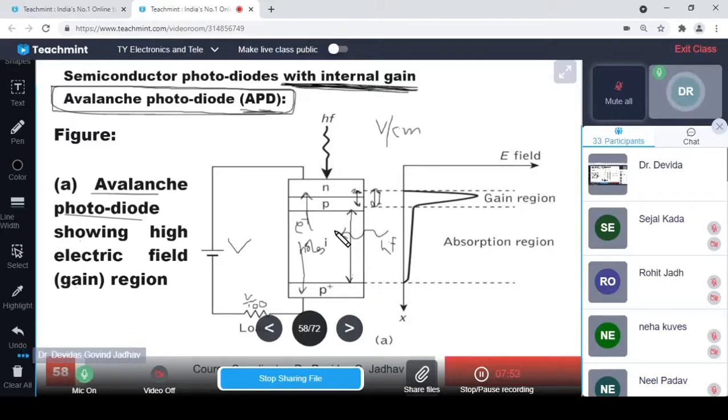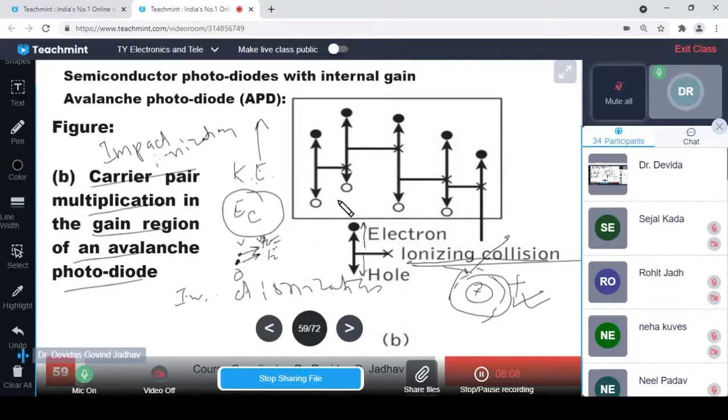Now this electron crosses the junction, acquires very high kinetic energy, and this one electron crossing the junction creates thousands of electrons. So one photon generates one electron, which creates thousands of electrons by impact ionization, and this 1000 is nothing but the internal gain. So this detector is with internal gain. One photon can create thousands of charged particles. So this is the detector with internal gain.